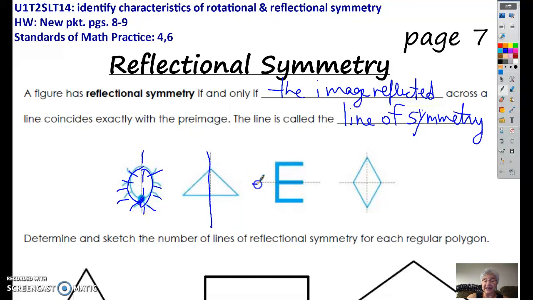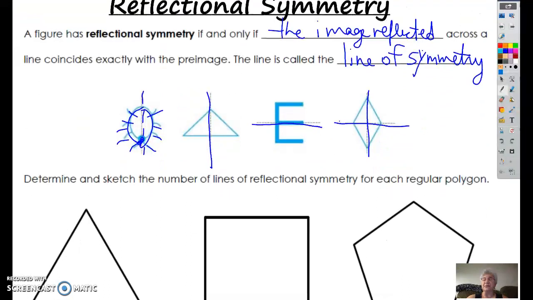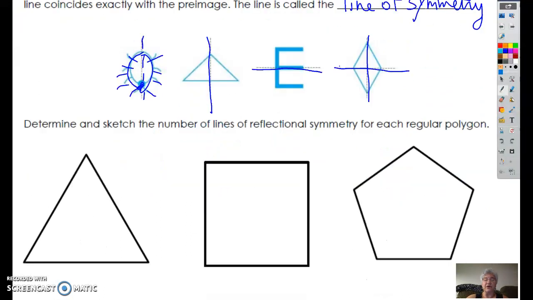And with our letter E, if we go this way to draw our line of symmetry, and we can see with our diamond shape, we can go both ways, two different lines to get our two different lines of symmetry. Now, for the next figures, determine and sketch the number of lines of reflectional symmetry for each of the regular polygons.